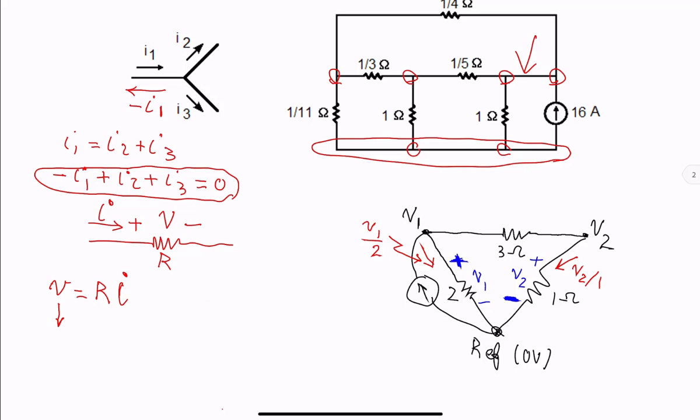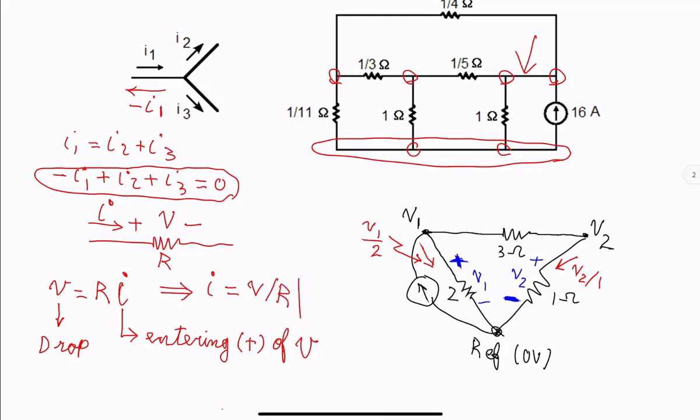We're talking about the voltage drop across the resistor being equal to resistance times current entering the positive reference of the voltage. Then for nodal analysis, we use I equal to V over R.